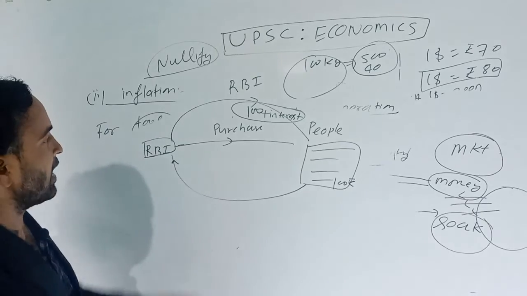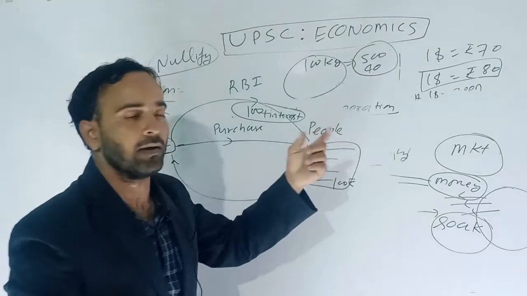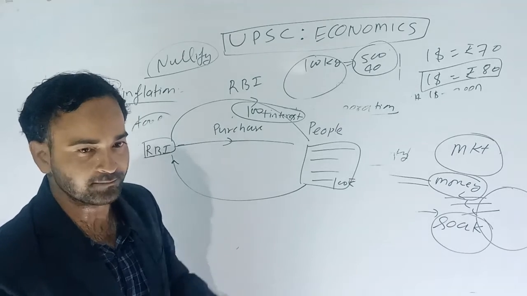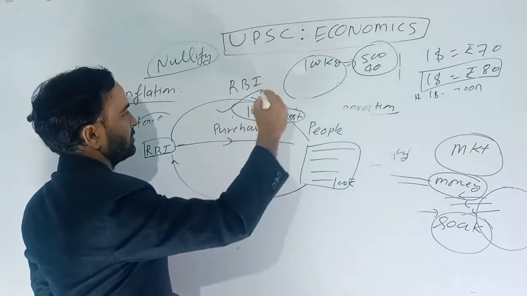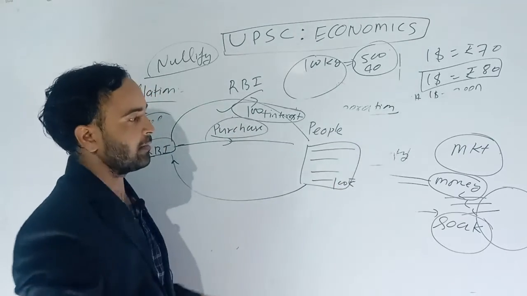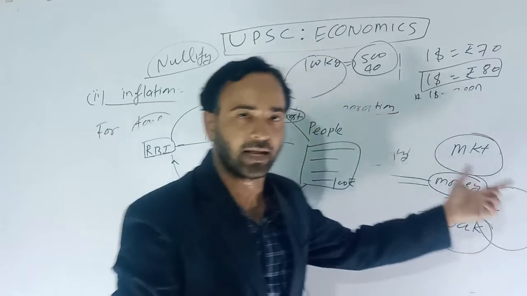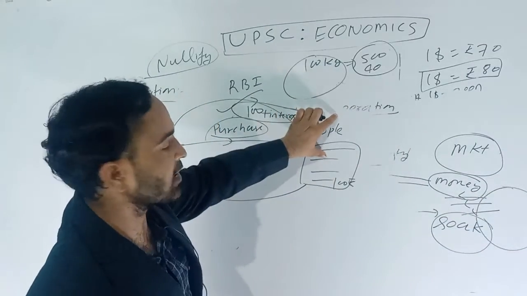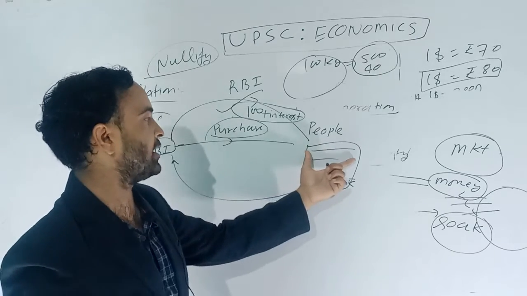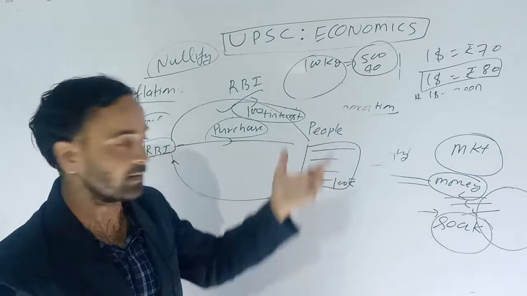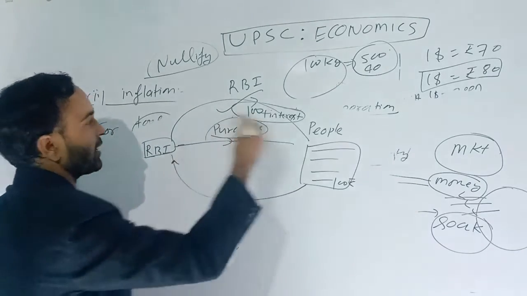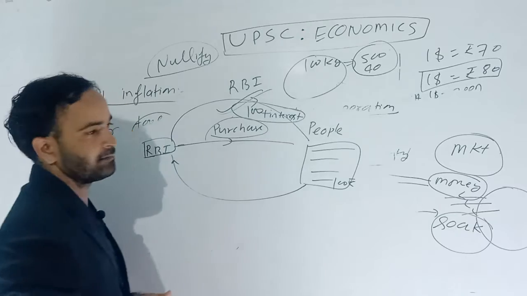Got my point? At that time people will have a large amount of money in their pocket. This is purchasing power. Whenever a large amount of money is available in the market, RBI takes it from the market. Whenever less money is available in the market, RBI purchases government securities from the market and provides money to it.